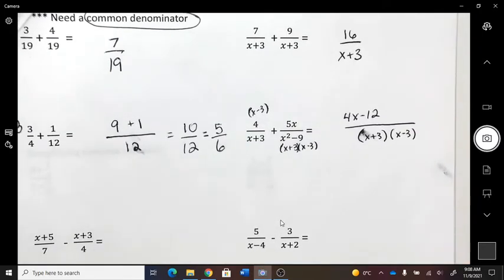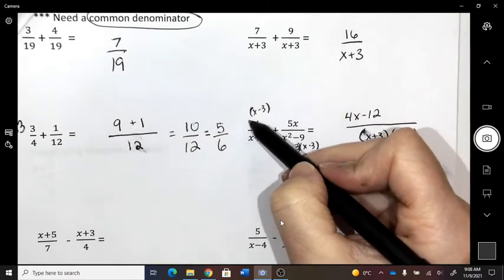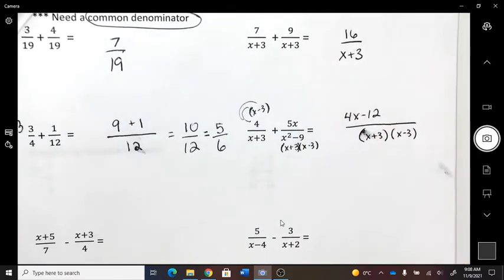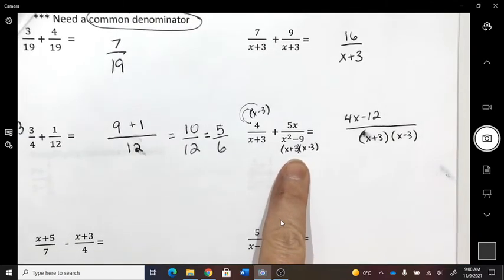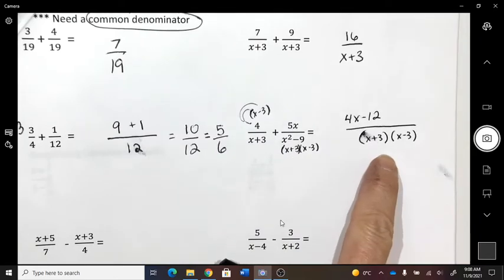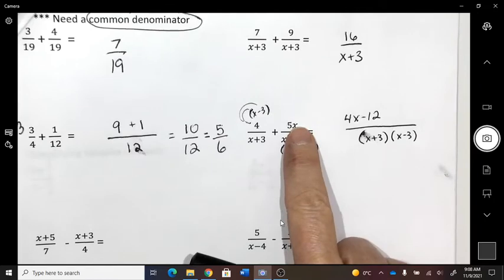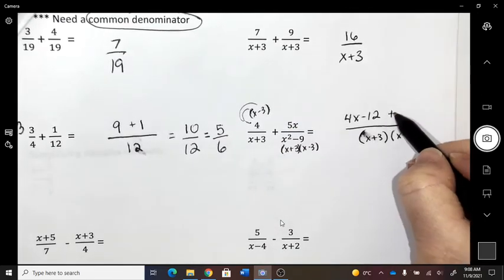Does everyone see where I'm getting that from? I distributed like that. 4x minus 12. Okay, what did I do to this fraction, to the bottom? From here to here, I did nothing. So I'm going to do nothing to the top.